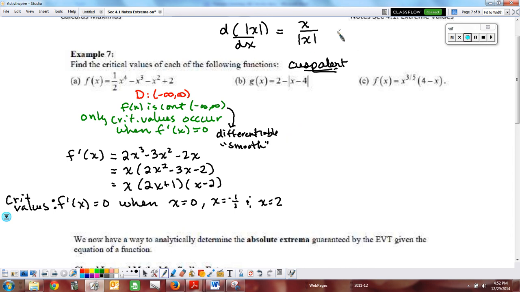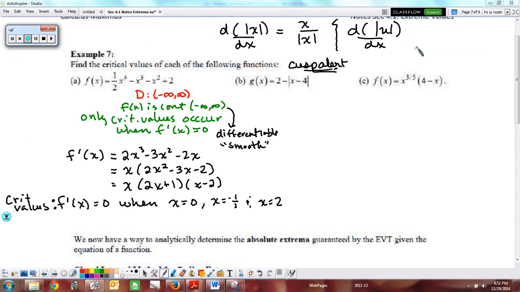And also, if I was doing chain rule, as a side on this, the derivative of the absolute value of u with respect to x is going to equal u over absolute value of u times u prime. I will leave this to you to work your way through, but we did this in an earlier video.